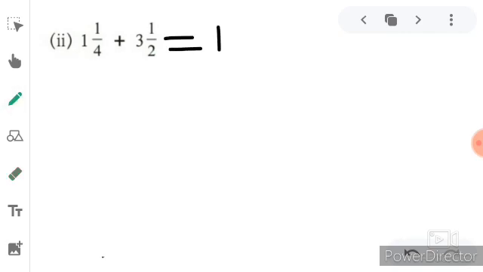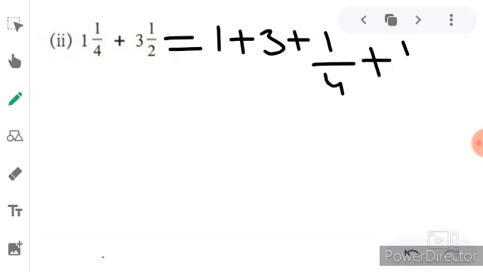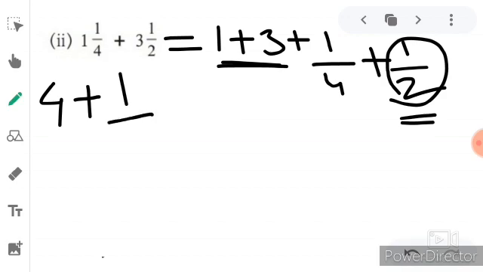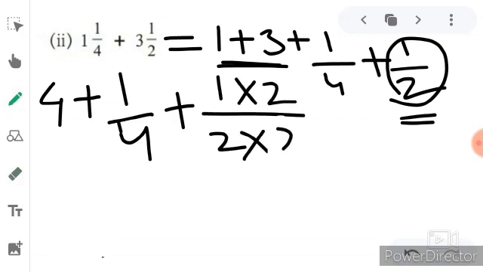Now the first step is to write down the whole numbers: 1 plus 3, plus 1 upon 4 plus 1 upon 2. Students, write it down in your book so you are able to solve it. Now 1 plus 3 is equal to 4, plus 1 upon 4 as it is, and we will have to convert 1 upon 2 into fourths: 1 multiplied by 2, 2 multiplied by 2.